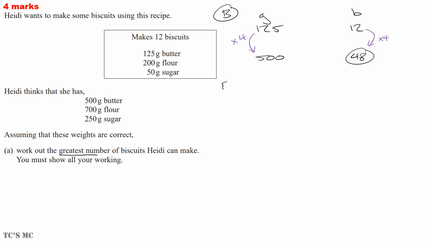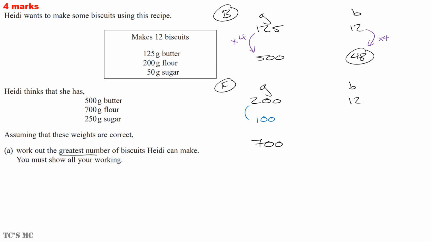Moving on to the flour. Again, we have grams and biscuits. 200 grams makes 12 biscuits. Heidi has 700 grams. To go from 200 to 700 isn't the easiest, so I'm going to use a common factor of 200 and 700, which is 100.